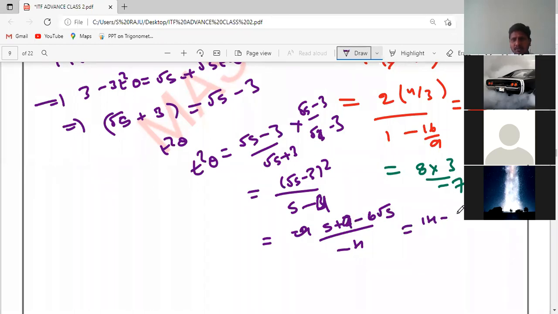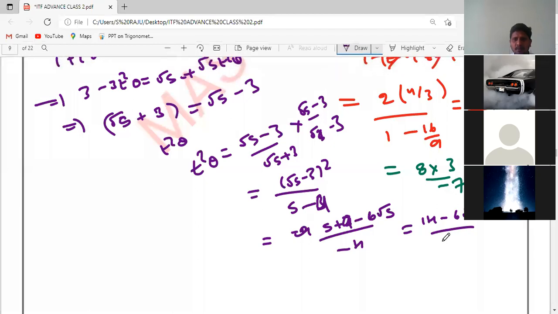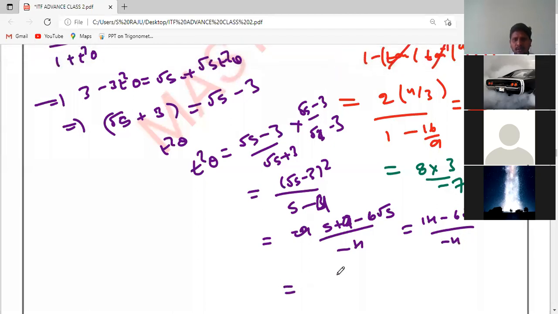So 14 minus 6 root 5 by minus 4. This is clearly 7 minus 3 root 5 by minus 2. When I take it, here 3 root 5 minus 7 by 2.